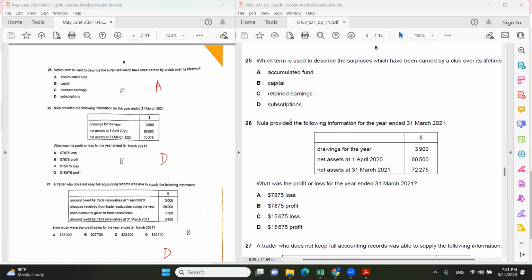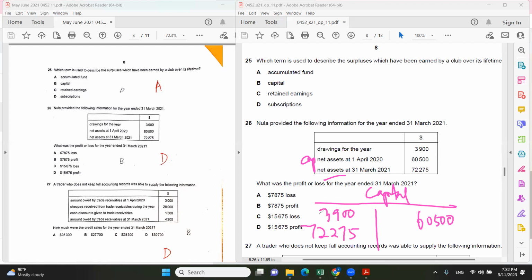Nula provides the following information for the year ended 31st March. Drawing, net asset. So this one, net asset means the capital. So what was the profit or loss for the year? We open the T account for the capital. Opening must be in here. Closing must be in here. Drawing must be in here.